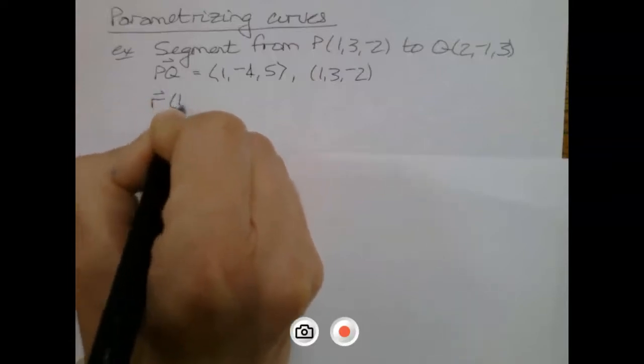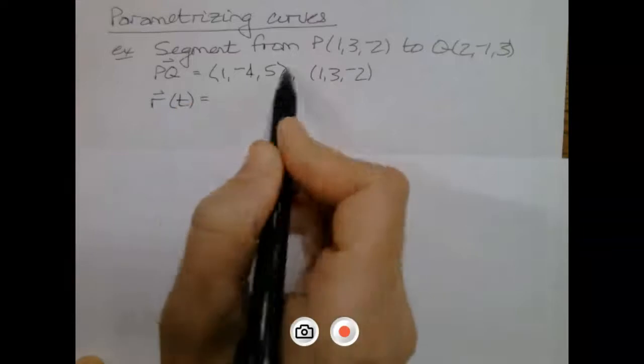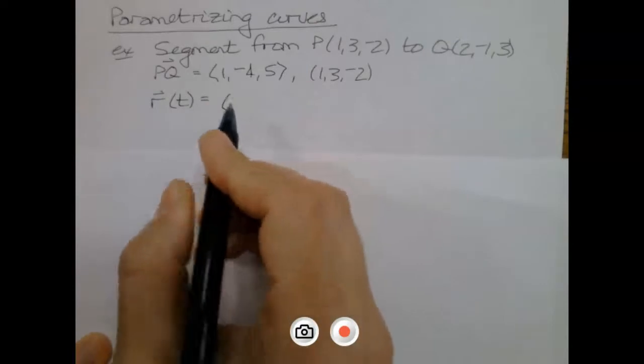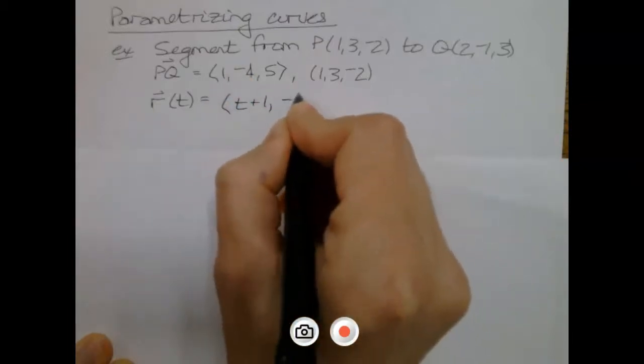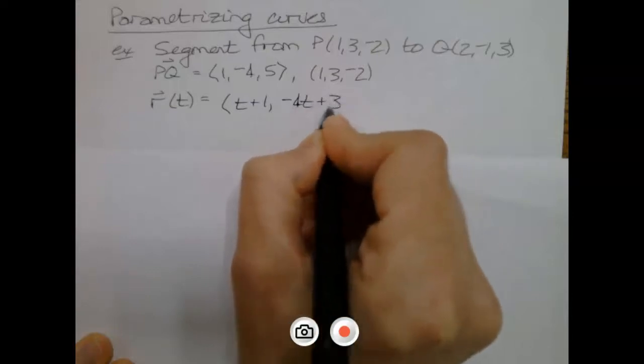So we'll say R of t is t times the vector plus the corresponding coordinate of the point. So for x, I have 1t plus 1. For y, -4t plus 3.